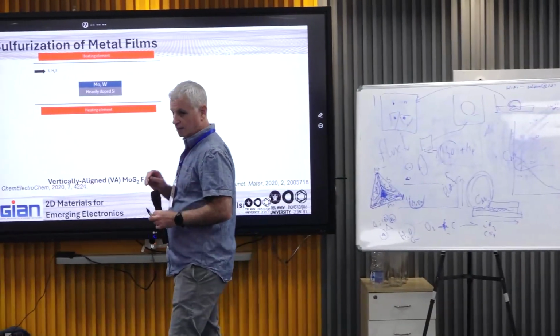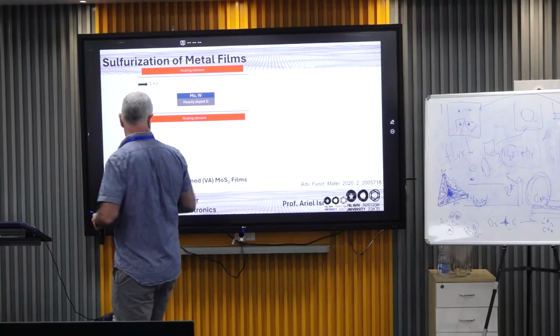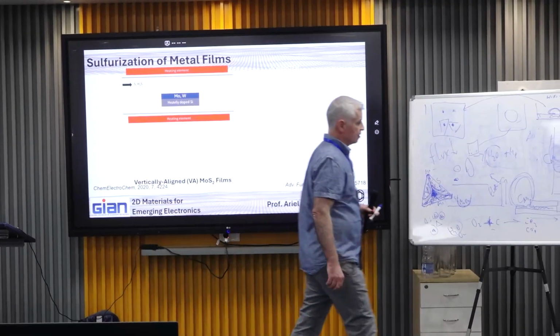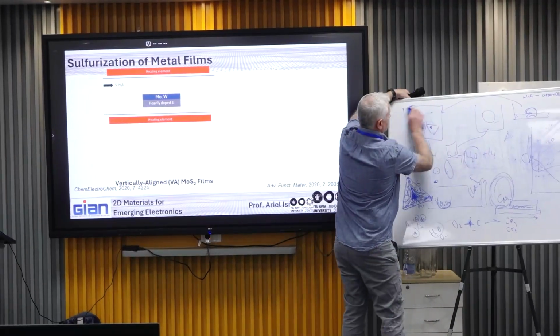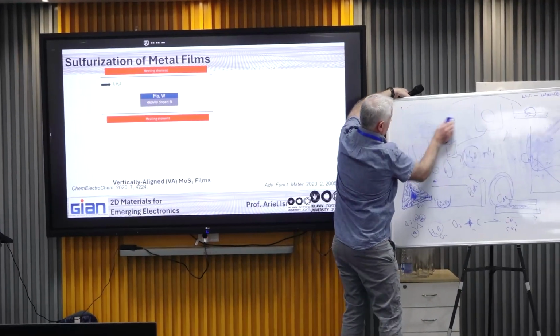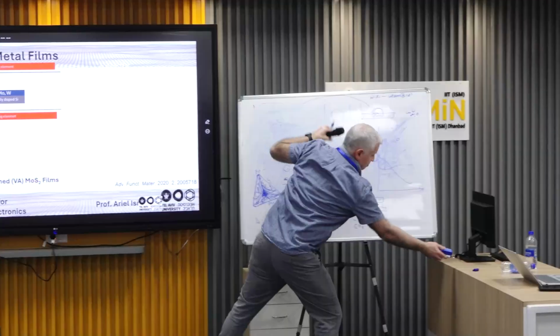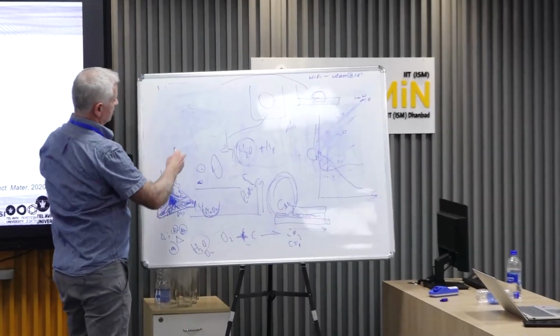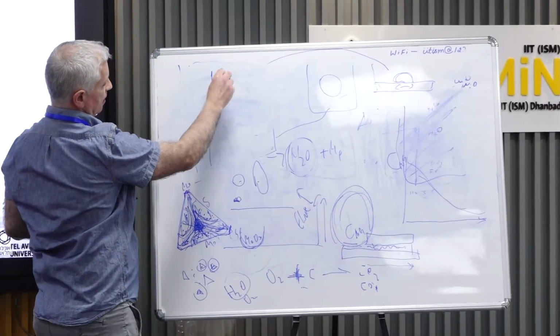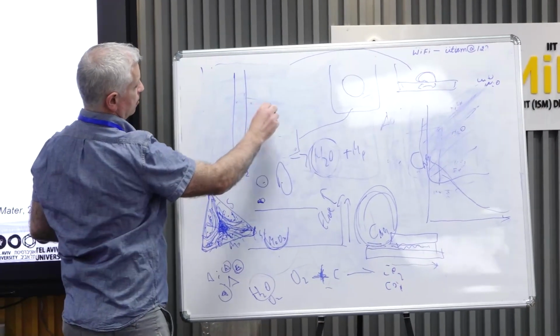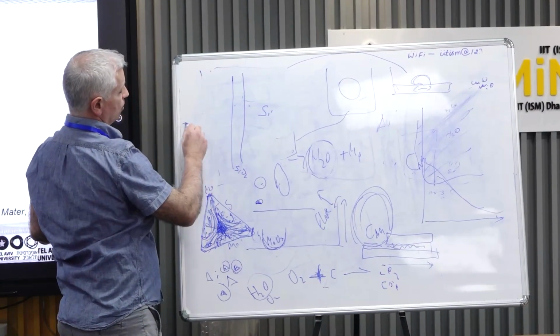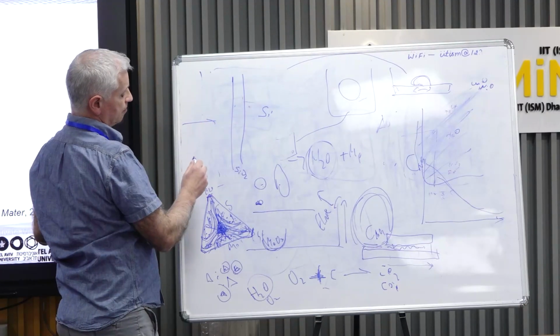I told you that the oxides are amorphous. What's happening is that you start from silicon, so you have silicon dioxide formation. Here you have the silicon. So here you have the gas, right?